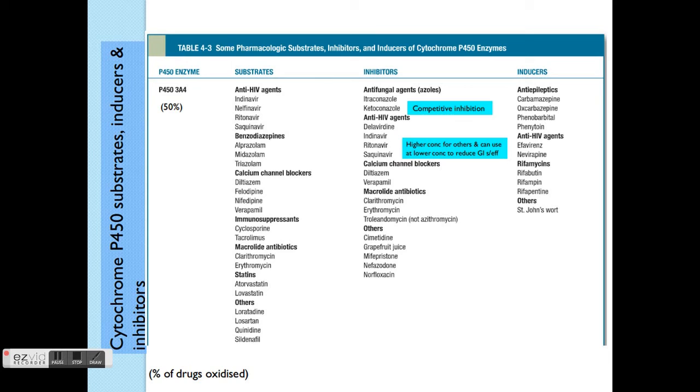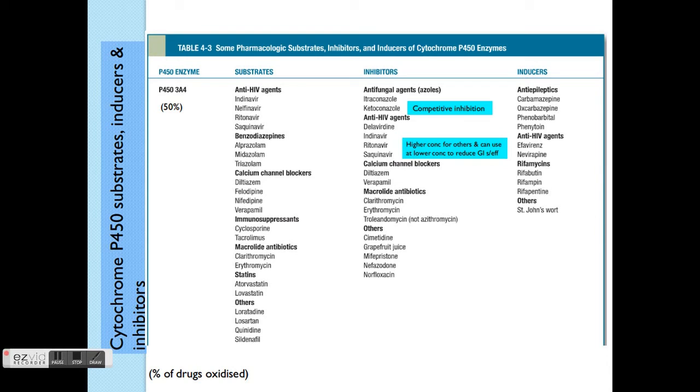For example, this concept of inhibitors is exploited for the HIV drugs. As you can see here, these HIV drugs are actually a substrate and also an inhibitor of cytochrome P450. When you use these drugs as a combination therapy, which we should normally use for HIV anyway, we can use these drugs at a lower concentration, because a lower concentration reduces the localized gastrointestinal (GI) side effects.